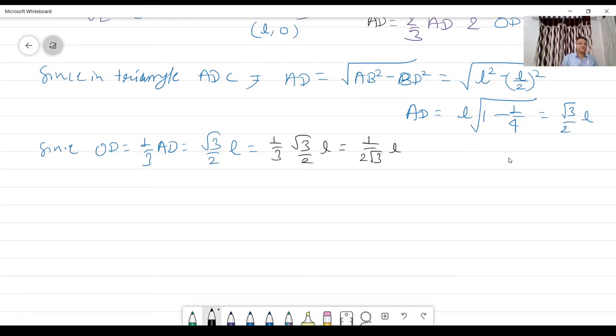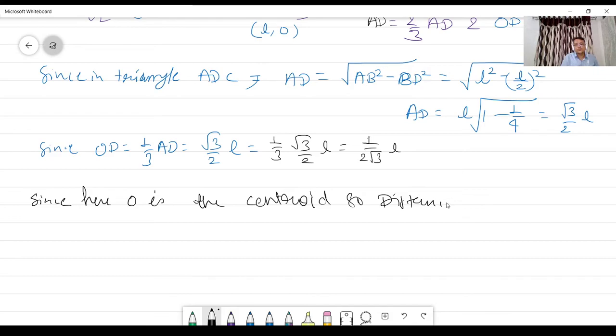Now it is very important that since O is the centroid, the distance from O to A, B and C will be equal.